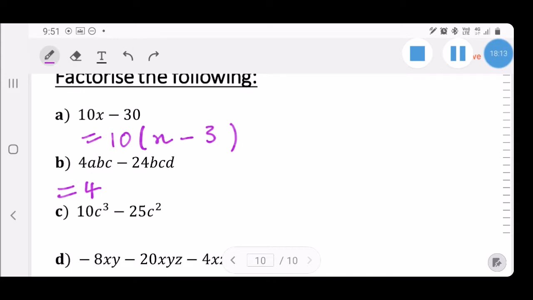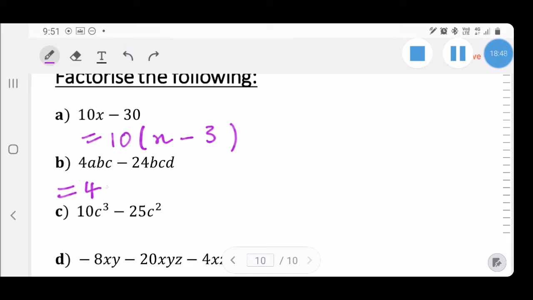Well, both of those terms share a C, and they both share a B. The left-hand term has an A, but the right-hand term doesn't, and the right-hand term has a D, but the left-hand term doesn't. So they share a C, and they share a B.